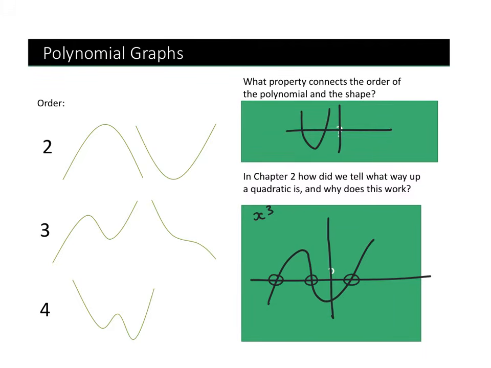It doesn't necessarily mean it will cross 3 times, but the maximum amount of times is 3. Perfect. And then obviously with a quartic, to the power of 4, the maximum amount of times would be 4. It's quite nice really, isn't it? So that would be the maximum number of solutions.